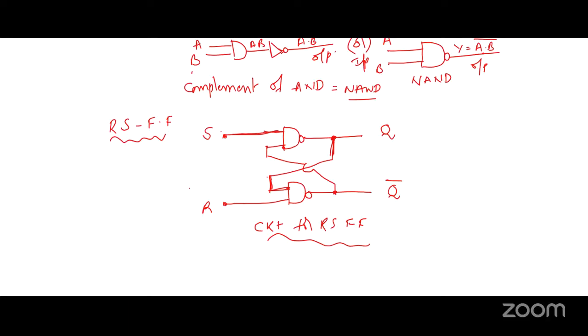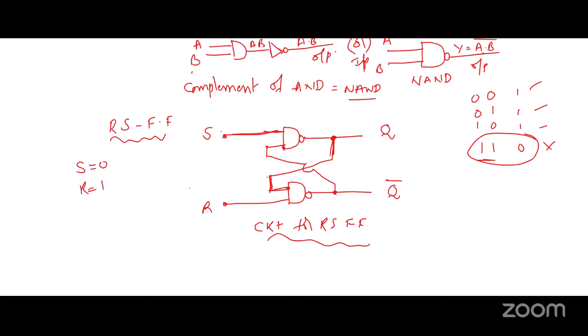So for NAND gate, 0 0, 0 1, 1 0, the NAND gate's output is high. But for this case, if both the inputs are high, the output is low. Okay, now. Suppose if S is 0, R is 1.